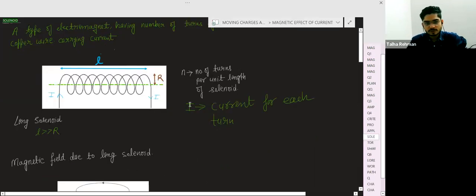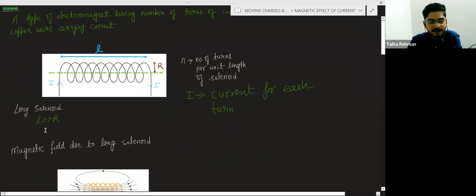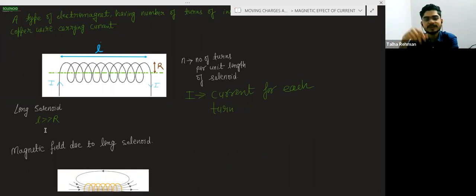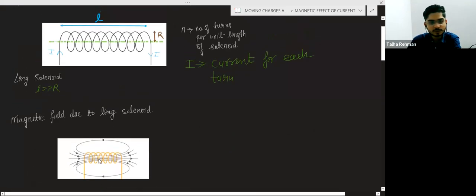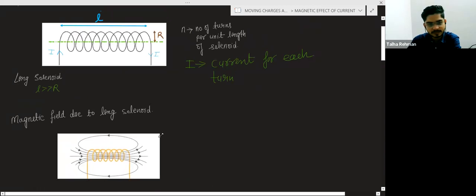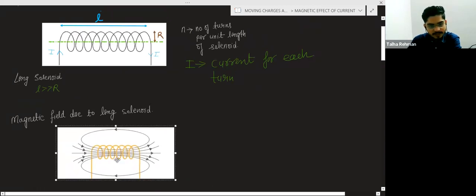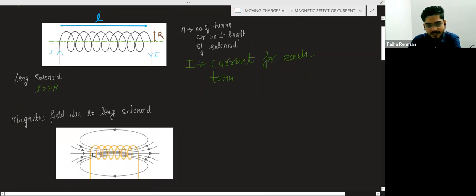So this is the solenoid, and for a long solenoid, the length of the solenoid is very much greater than the radius of the solenoid. So this is the long solenoid. As the solenoid behaves as an electromagnet, there will be a magnetic field. The magnetic field due to the solenoid is given by this. See this figure. This is the solenoid carrying the current, and this is the type of magnetic field line we will have.